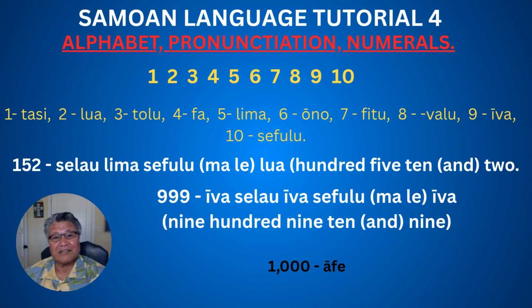And then after 999: iva selau, iva sefulu, iva, right? Iva selau, 900, iva sefulu, 90, iva, 9. Then comes tasi afe, 1,000. So that's 1,000.